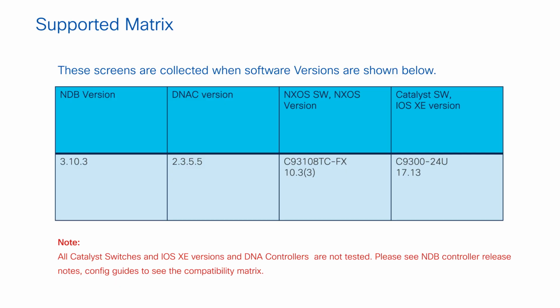Please note that not all the Catalyst switches are supported and not all the IOS XEs are supported. Please take a look at the release notes and the configuration guide that are available on the NDB controller page to understand the supported Catalyst switches and the supported IOS XE versions to do this integration.